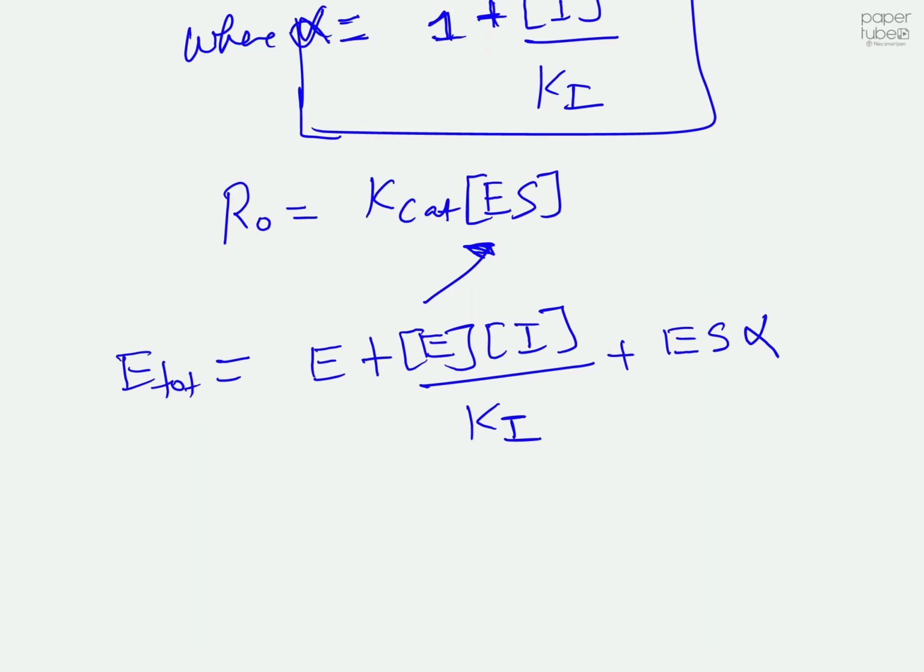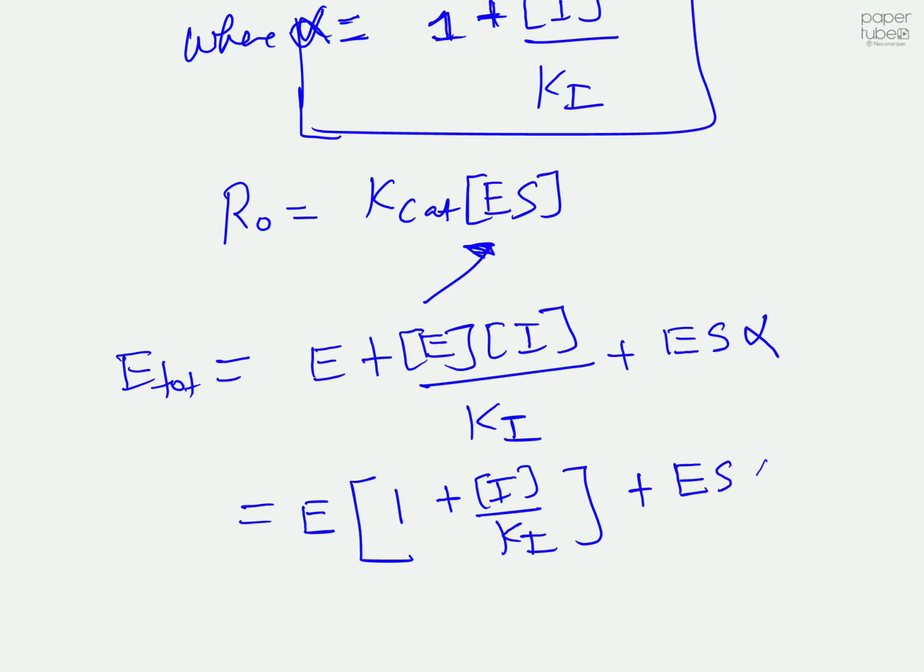So this is okay. Now we can take E as a common factor outside, so that will be equal to 1 plus concentration of I divided by Ki, plus ES alpha. Now this is equal to E alpha plus ES alpha. So let's take alpha as a common factor outside.